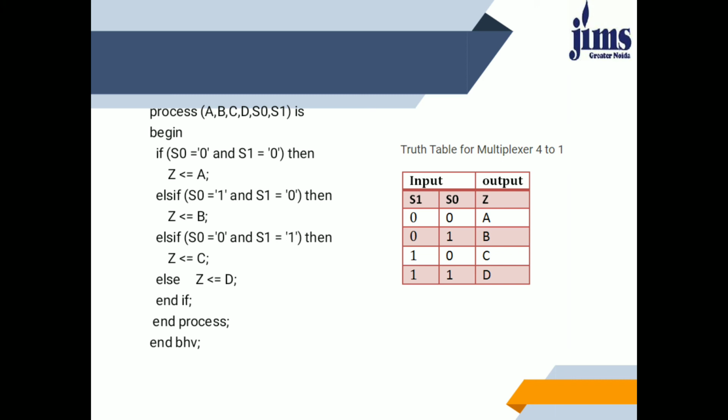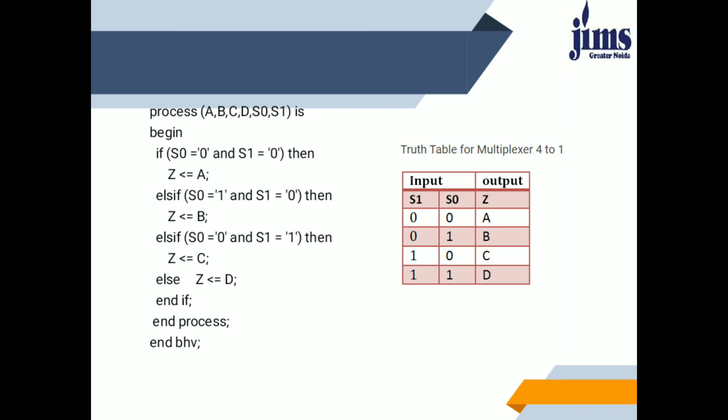This is the condition of the multiplexer with S1 and S0. You have been taught this in the subject of STLD, in which you know about the multiplexer 4:1.